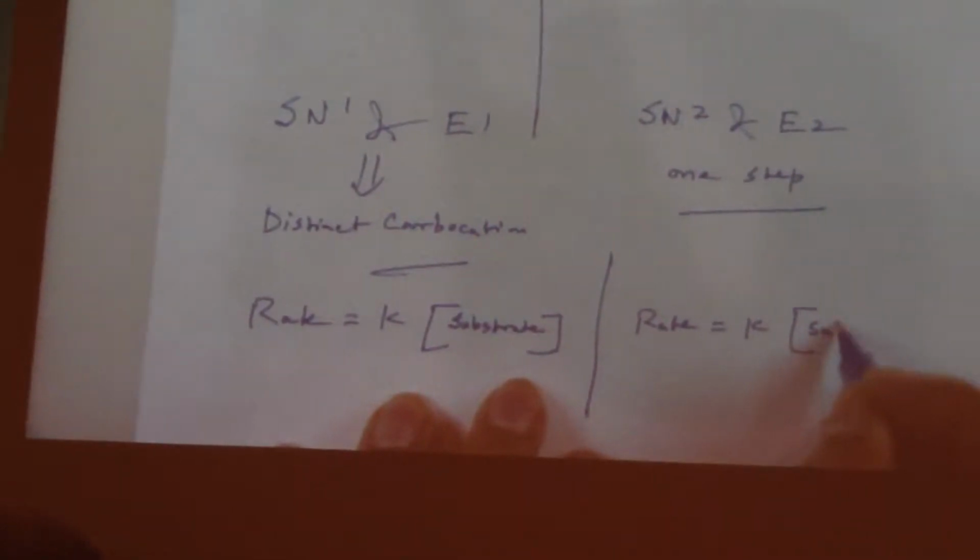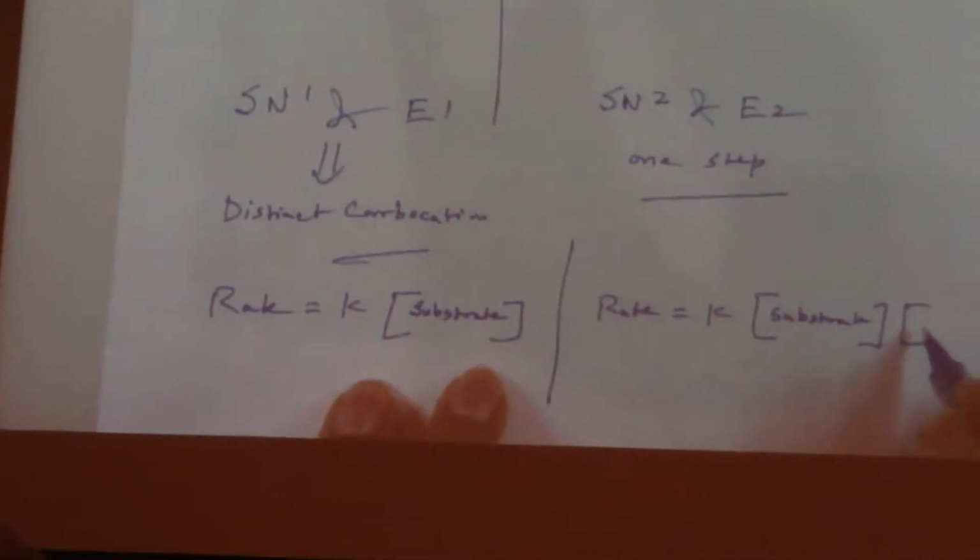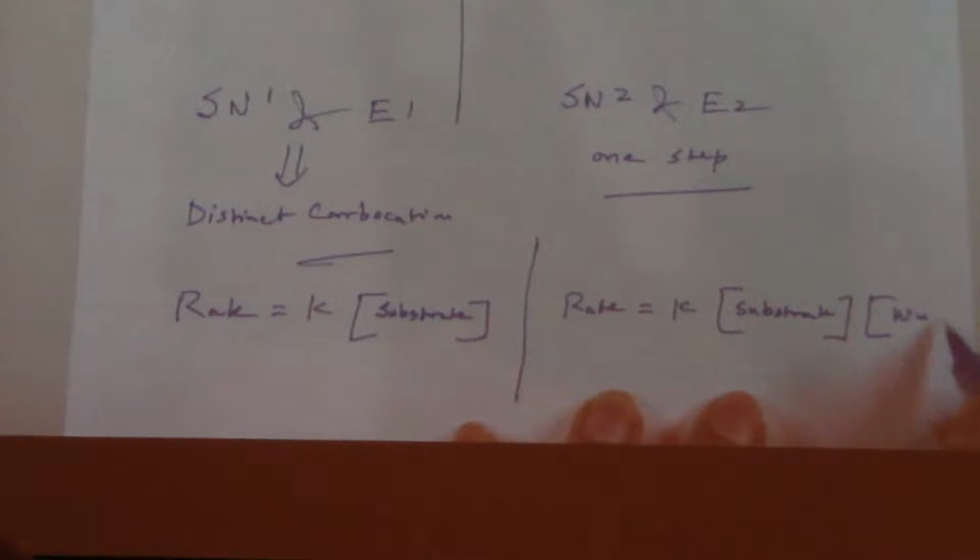And in the case of SN2 and E2, the rate involves not only the substrate, but also either a nucleophile or a base.